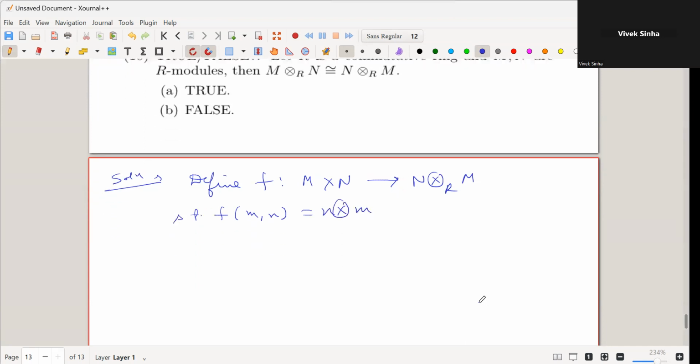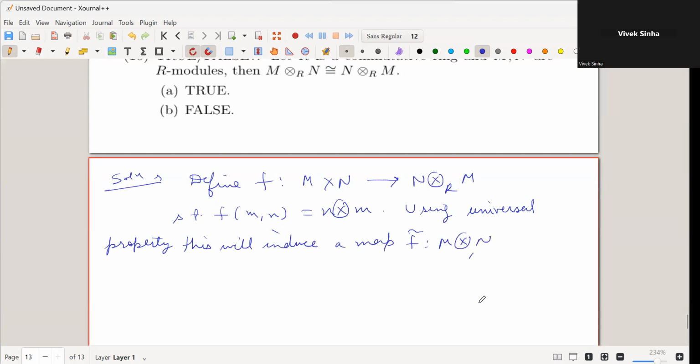Okay. So using the universal property, this will induce a map f delta from M tensor N to N tensor M.